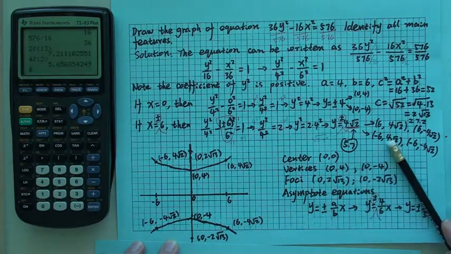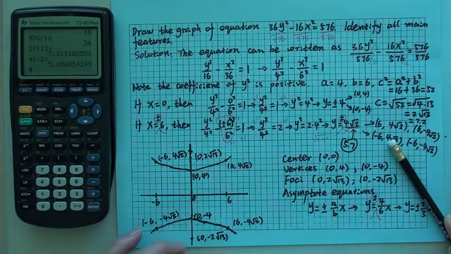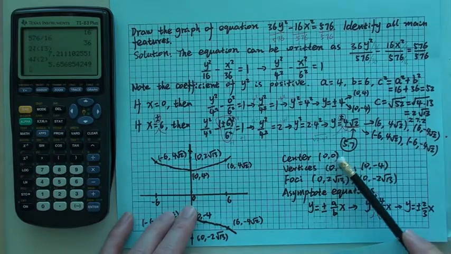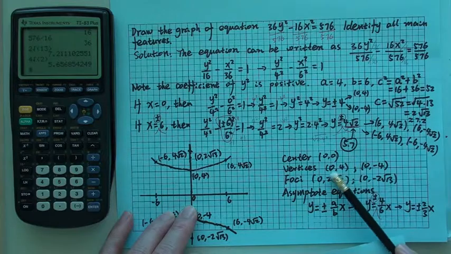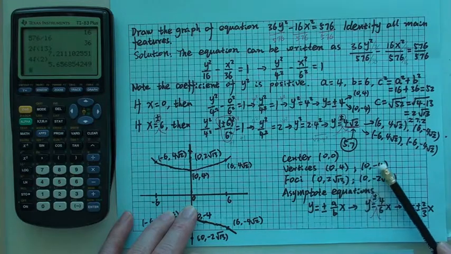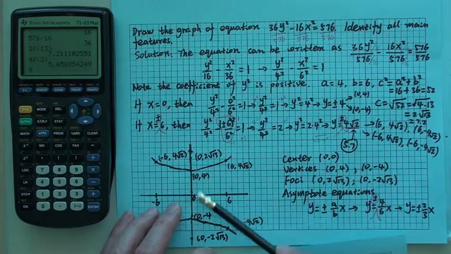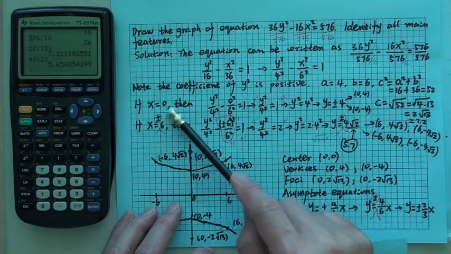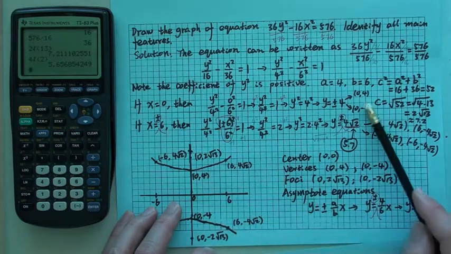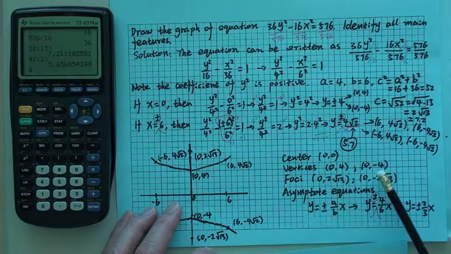Now, we know the center here is 0, 0. The vertices are 0, 4 and 0, negative 4. We got it from here, when x is 0, you have right here.